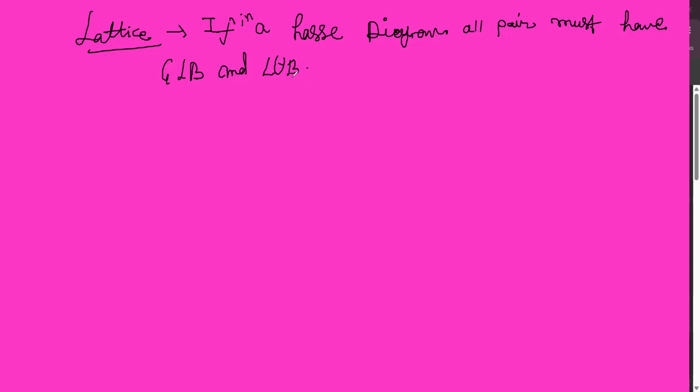Yes. For example, A, B, C, D, E, F. First we find GLB and then find LUB.